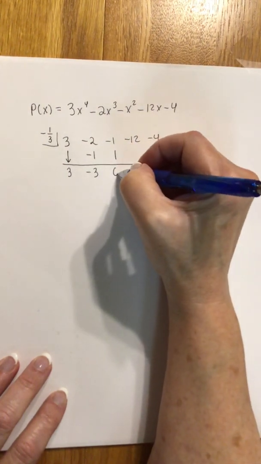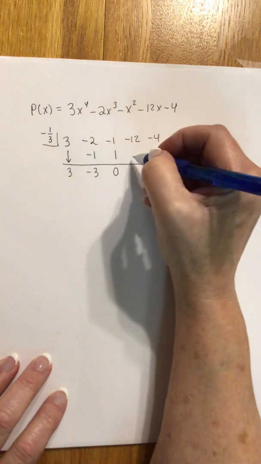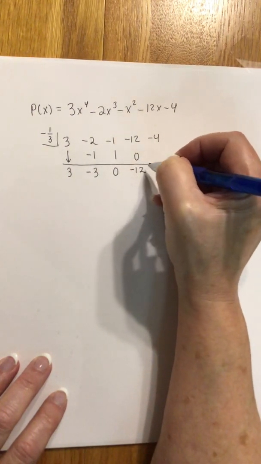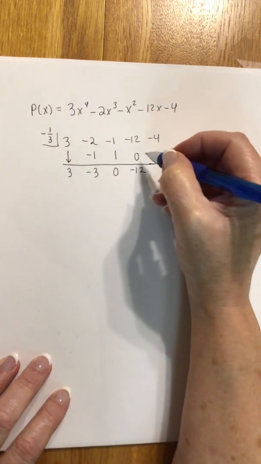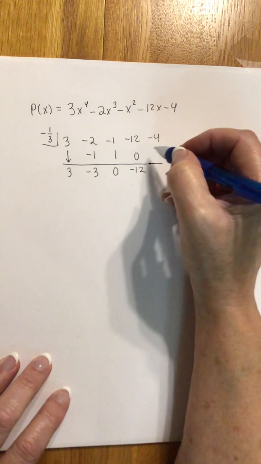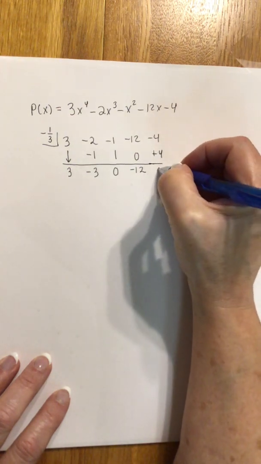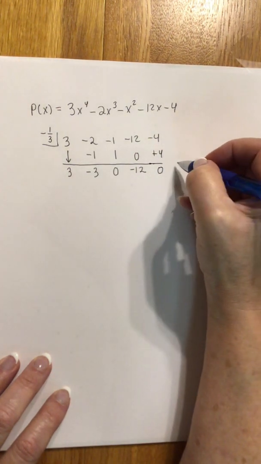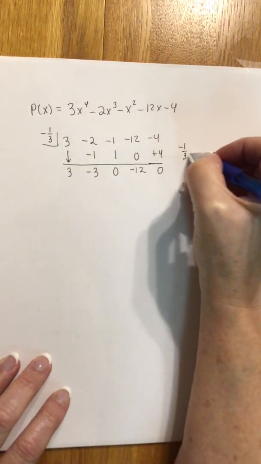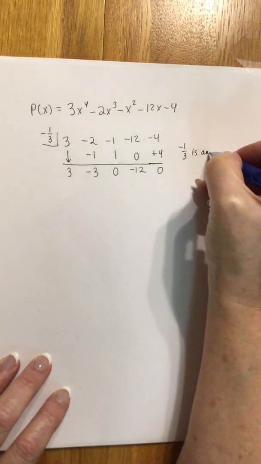Add and get 0. Anything times 0 is going to give me 0, so I add and get a negative 12. So now we ask ourselves 1/3 of 12 is 4, so negative times negative gives me a positive 4, which comes out to be 0. So that tells me then that negative 1/3 is an actual 0.